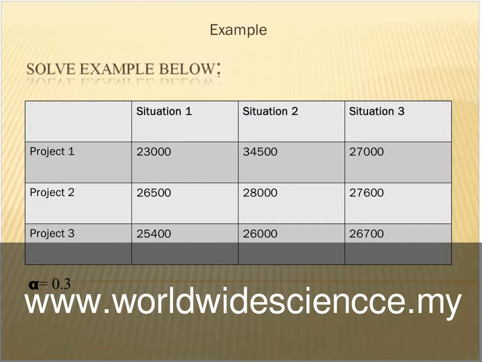When the alpha for situation 1 is 0.3 and for situation 2 is 0.5, for situation 3 the alpha is 0.2 because the sum of all the alphas should be equal to 1. 0.3 plus 0.5 is equal to 0.8, so 1 minus 0.8 is equal to 0.2. It's for situation 3. Yes, the total should be 1. Exactly.